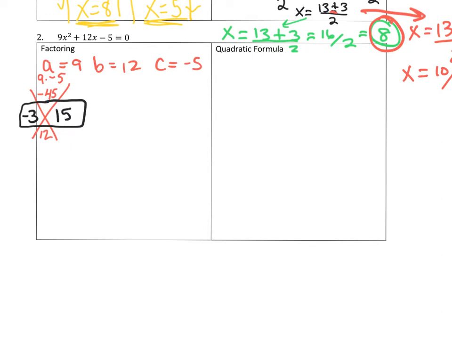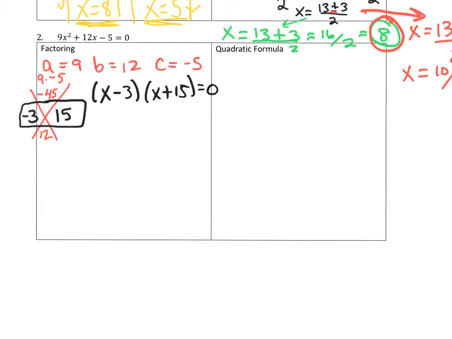So we're going to write x minus 3, x plus 15 equals 0. If I FOIL, x times x is x squared, x times 15 is 15x, and so on and so forth. If I start to FOIL, I don't get 9x squared plus 12x minus 5. So that's when we know that we either factor by grouping or you do the method that I use.